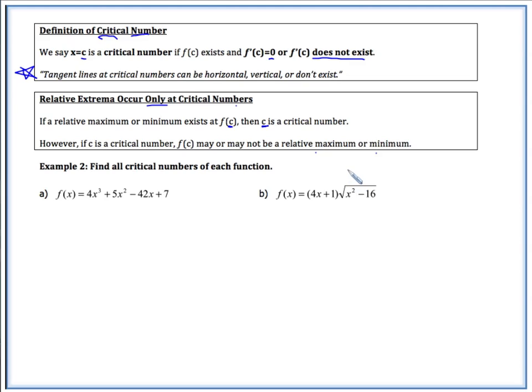So the point here is that lots of stuff is happening at critical numbers, one of those things being maximums and minimums. And there could also be a number of other things as well. But we know if it's a max or min, then it must have been at a critical number. So it's going to be important to be able to find critical numbers of functions. And to do this, all we're going to have to do is find the derivative.